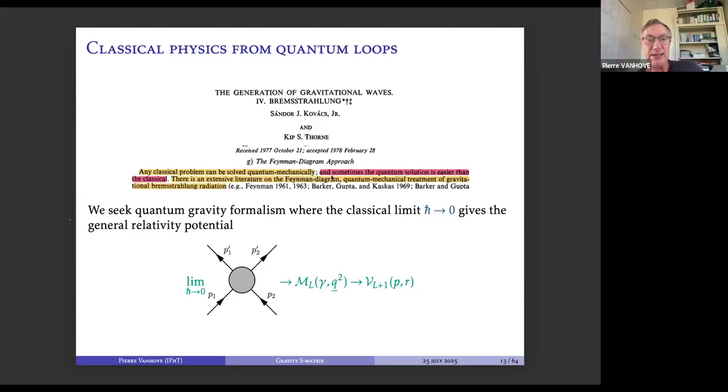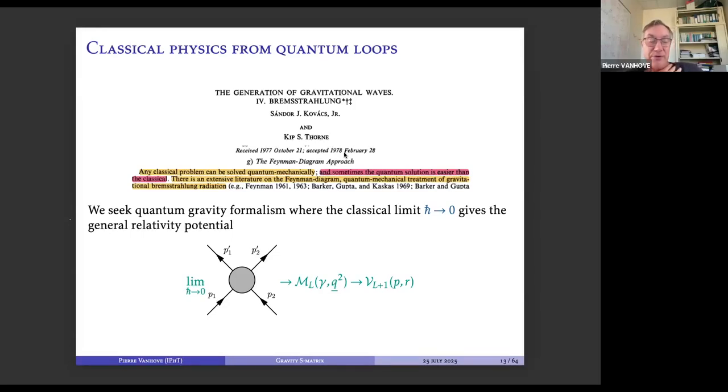The reason is that some problems are easier to solve using quantum field theory methods. And they knew that Feynman integrals would be useful, except that in '78, the technology for computing scattering amplitudes was not as developed as it is today.